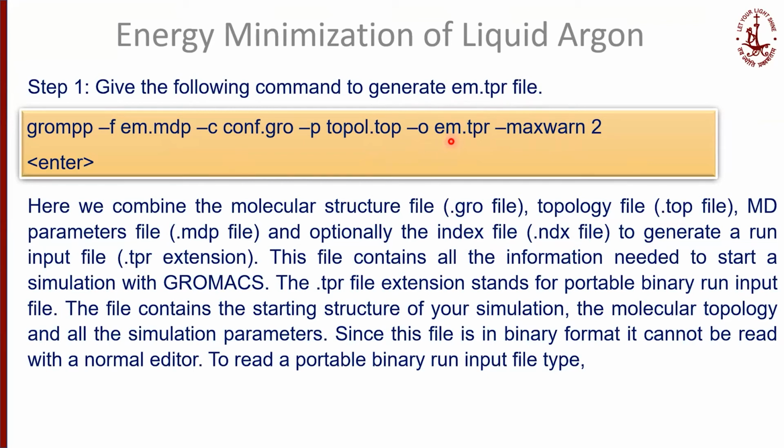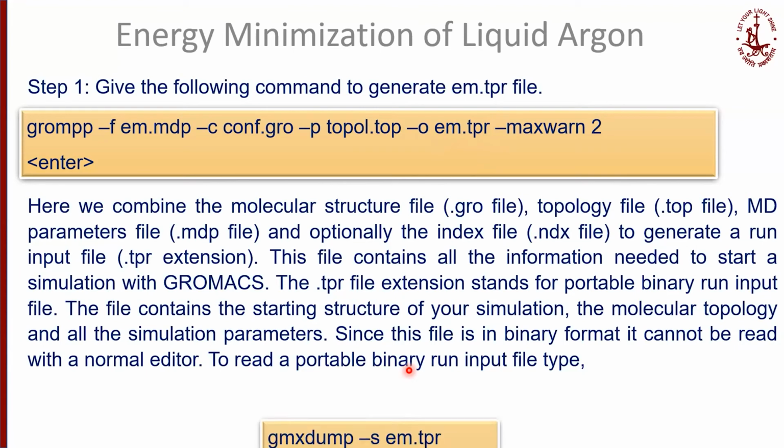The TPR file extension stands for Portable Binary Run Input File. It contains the starting structure of your simulation and the topology. This will combine all these 3 files together. And since it is a binary format, you cannot read it with a normal editor. How do you read a TPR file?